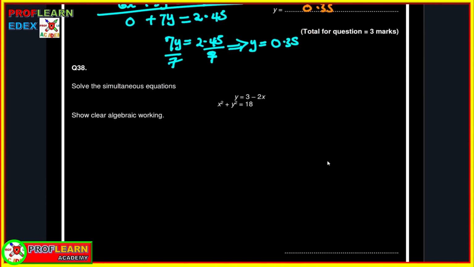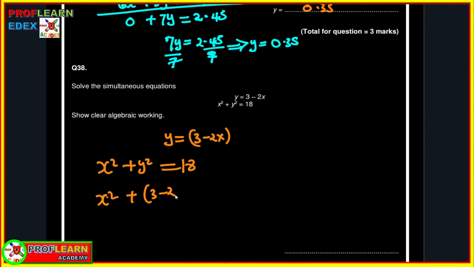Solving simultaneous equations that involve linear and quadratic, we are going to work it here, substituting what we have there. We were given y equals 3 minus 2x, so anywhere we have y, we substitute 3 minus 2x into the second equation.